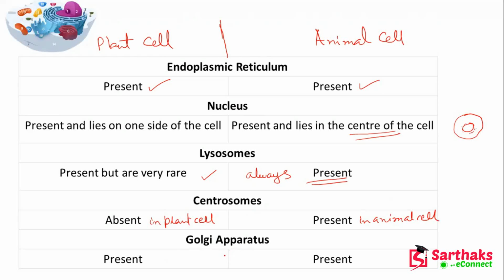It is always at the side of the nucleus, very near to the nucleus, and it is a stack-type structure. It is present in the plant cell as well as in the animal cell.